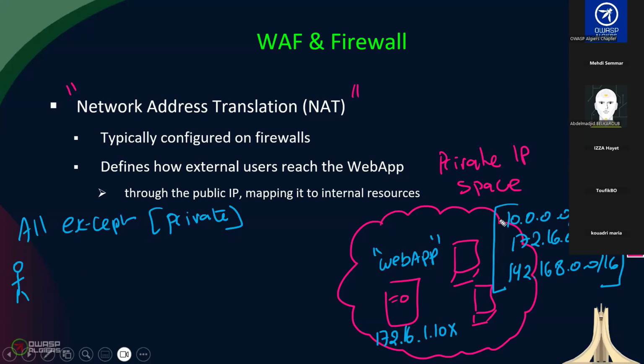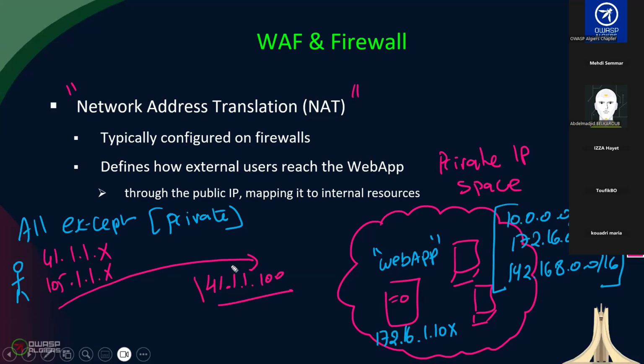So people, for example, in Algeria, can come from an IP like 141.1.1.something, or 105.11x. These clients must use a public IP that is provided for your organization. For example, your web application is published with the public IP 41.1.1.100, but this is in reality not the real IP that you are using inside your web server.